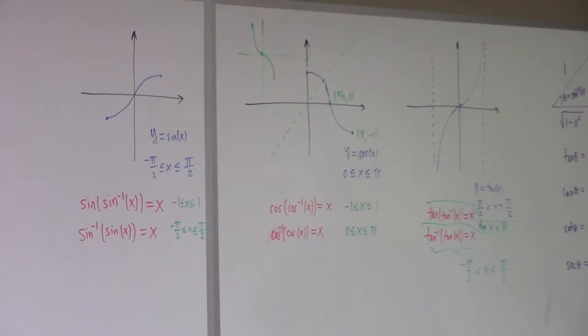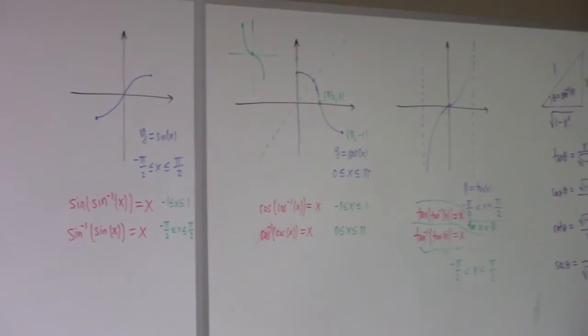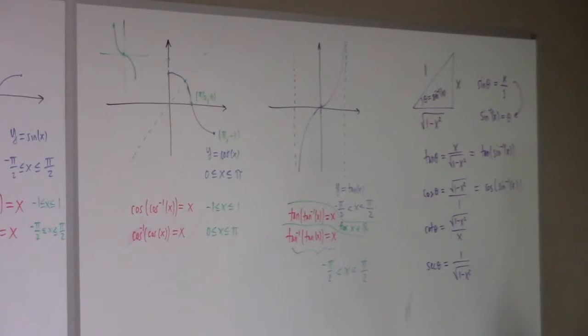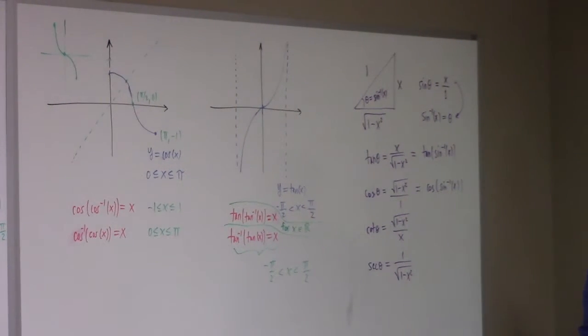For tangent, the inverse tangent gives you back an angle. Inverse tangent of tangent of x gives us back x only when x is between plus and minus pi over 2, not included. All right, these are the definitions. Last time we calculated the derivative of these.